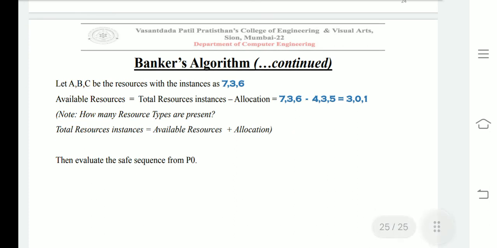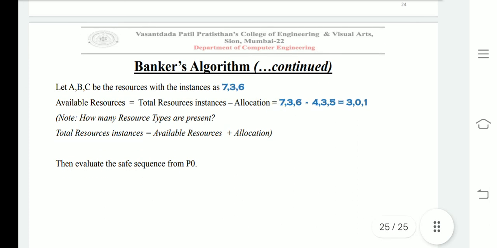Now why is this required? This is required for getting the available resources, or we can say the availability. So the formula for the availability is the total resource instances minus the allocation, that is nothing but the total allocation. In our question the total resource instances are specified as 7, 3, 6.